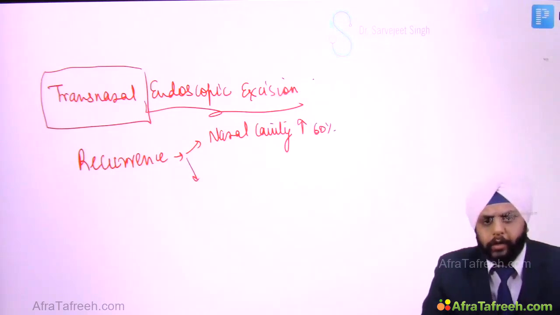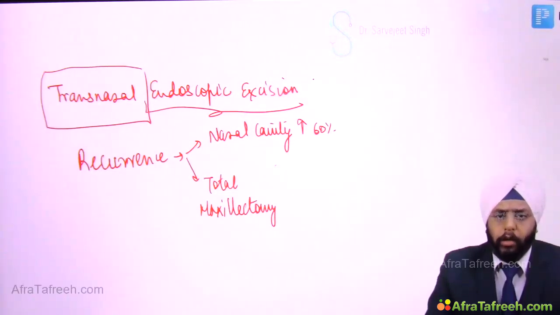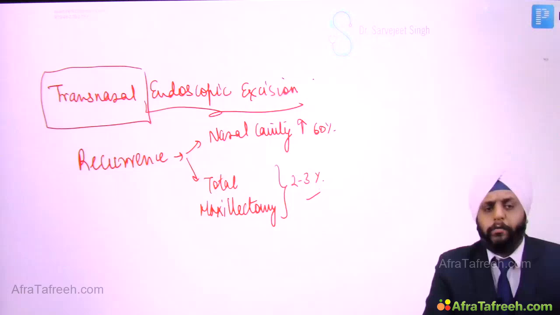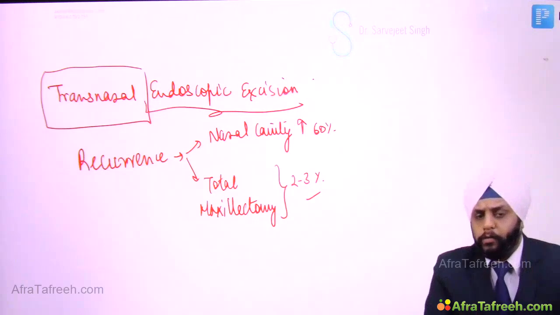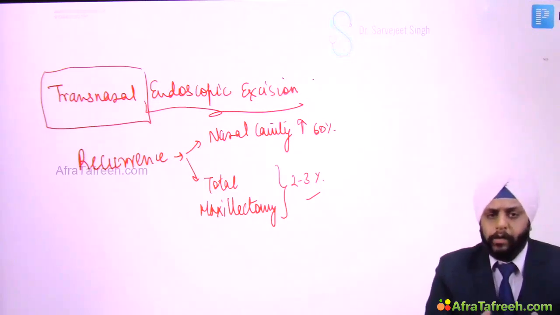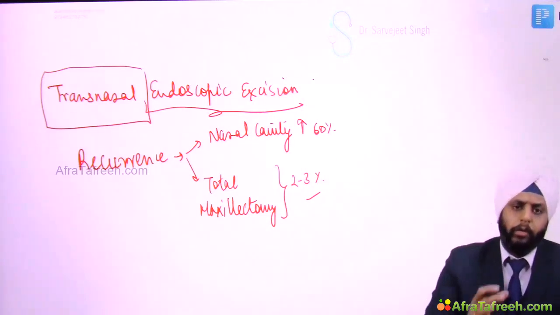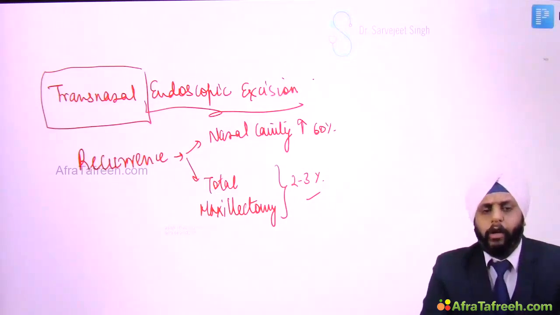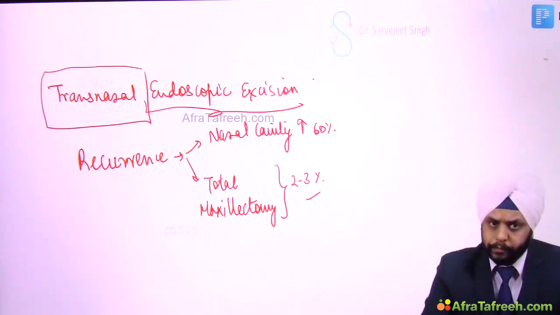And if you do a surgery where you do a total maxillectomy, so these are all open surgeries which I am talking about, the recurrence rate may be as low as 2 to 3%. So you see, it was depending upon the type of surgery. Why? Because earlier there was no CT scan, and when you are doing the surgery you don't know which cavities it is hidden in, right? So that problem has now been solved by the CT scan and the endoscopic excision, where we can go inside all the cavities and remove this papilloma in total, right?